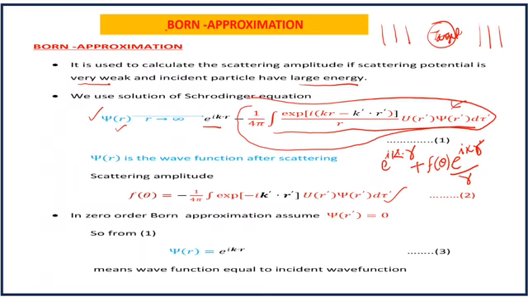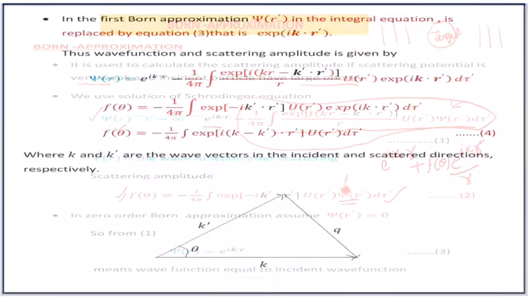Born approximation has many orders of approximation. In zero order approximation, you will assume psi r dash, because according to this equation, scattering amplitude can be calculated if we know the wave function.